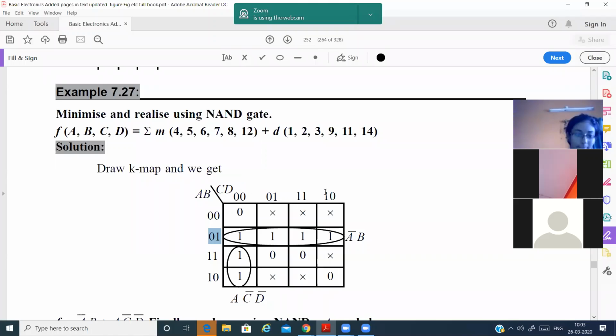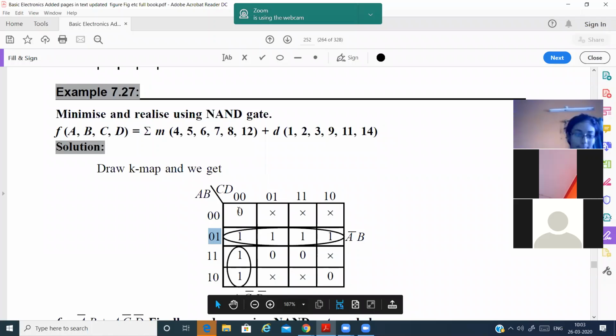Here I cannot take, because there are 4 combinations, I cannot have a single common number. So I'll just go on to this. What is the value I have? 0, 1. A bar B. Next, the other group is this one.